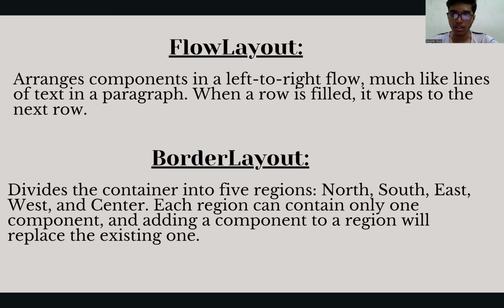If we add a component to a region that already has one, it will remove the existing component and replace it with the new component. So this is how border layout works.